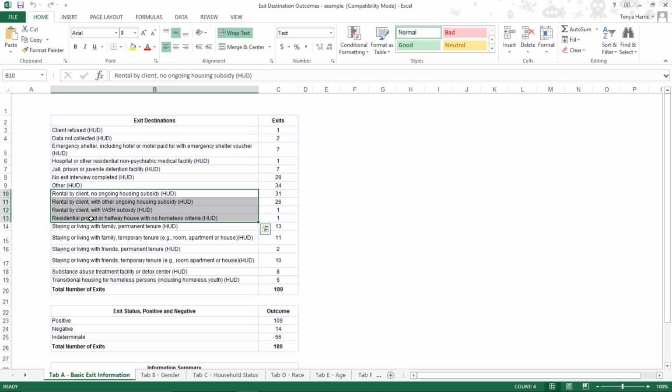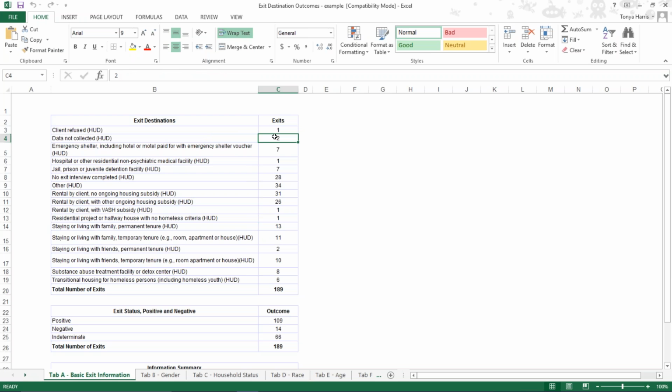Okay? So whichever program I ran this for, we have 2 data not collected, so that is wrong and needs to be fixed, because it's either client doesn't know, but data not collected is missing. Okay, that's missing data. And some of you have been using no exit interview given.